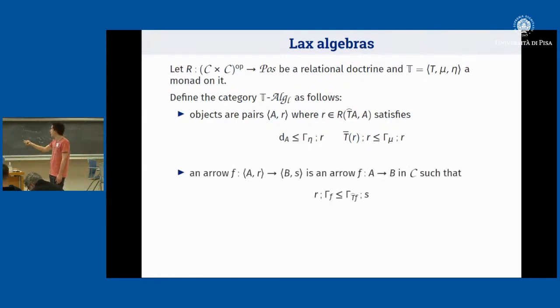And morphisms are just arrows between the carriers of the algebras, which have to preserve the algebra structure given by the relation.